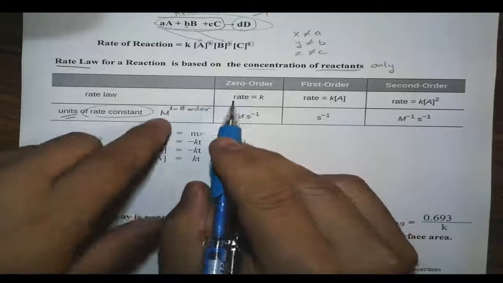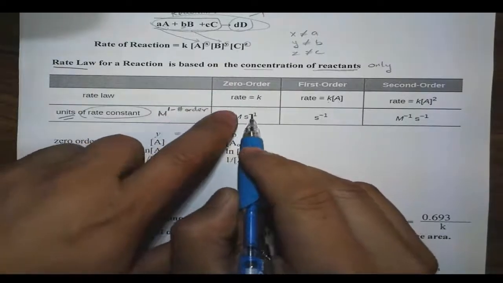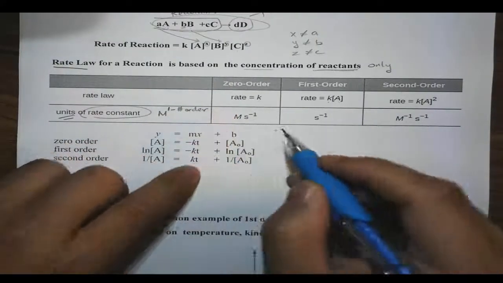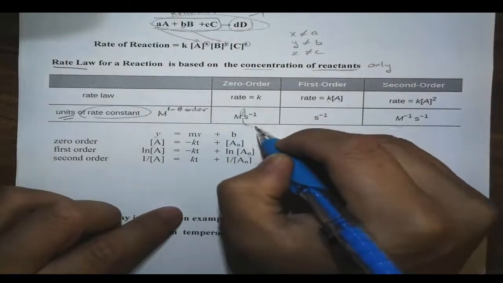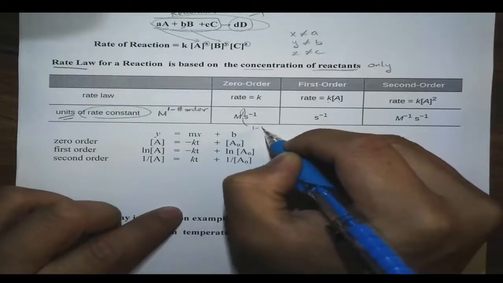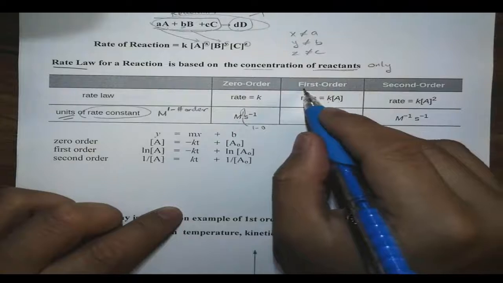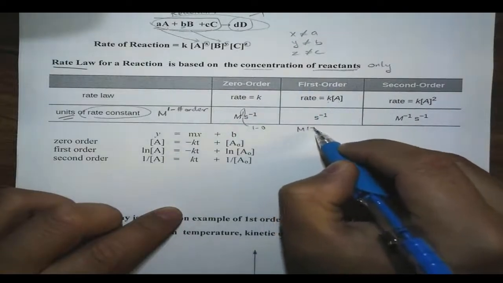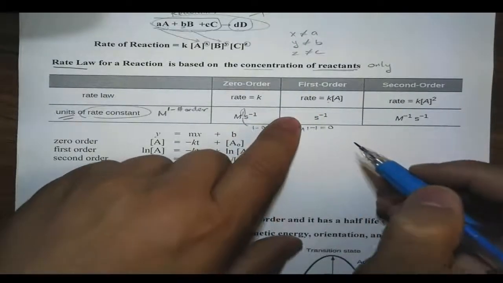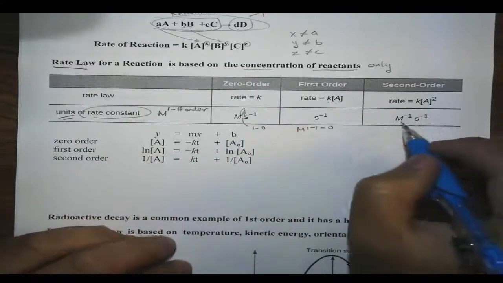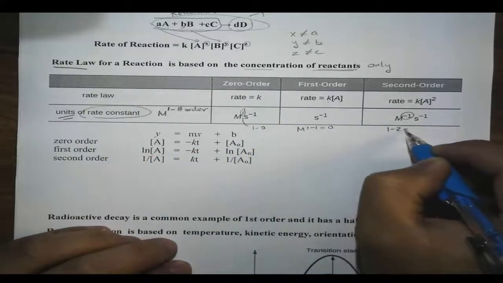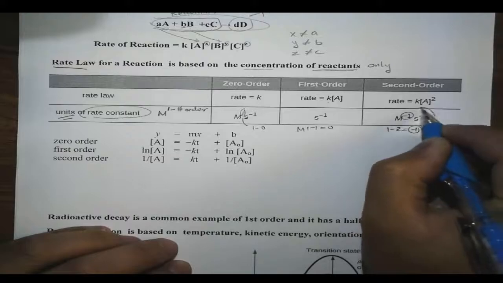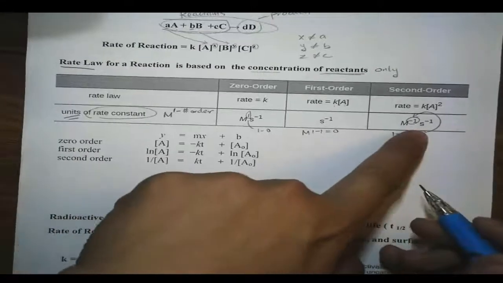So in this case, if we look at the zero order, what's 1 minus 0? It gives you 1. And that's the reason why we have M to the 1 right there. Where over here, if we have the first order, for M, 1 minus 1 gives us 0. And that's the reason why we don't have M there. Then over here, we have 1 minus 2, that gives you a negative 1. And that's the reason why we have a minus 1 there.